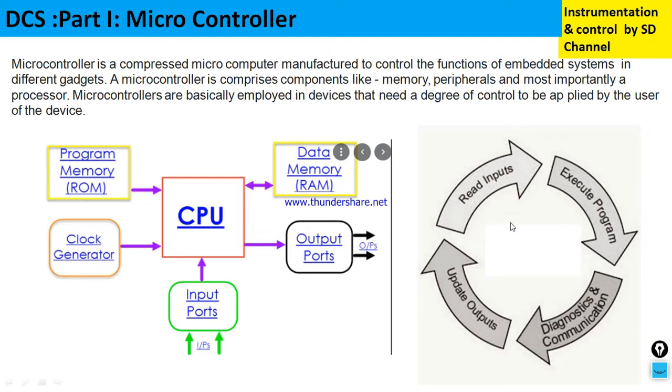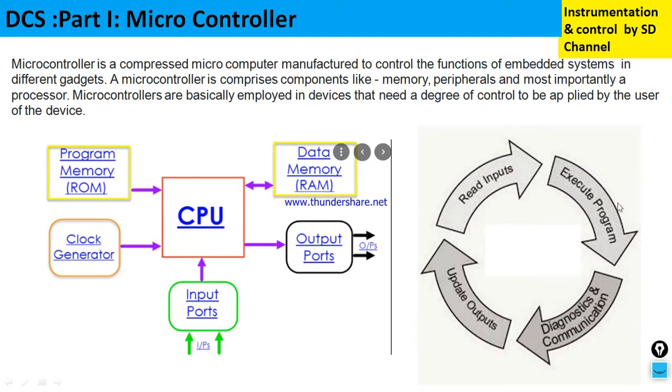Now if you see in this picture, this is called the scan cycle. Scan cycle is applicable for any microcontroller, microcomputer, or microprocessor based system. It is reading the input first from the field, then it is looking into the program, whether the I/O related to the program is on or off.